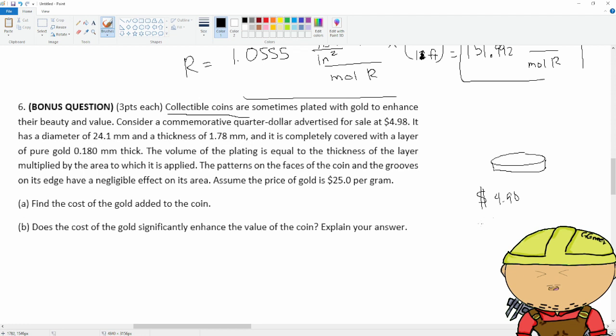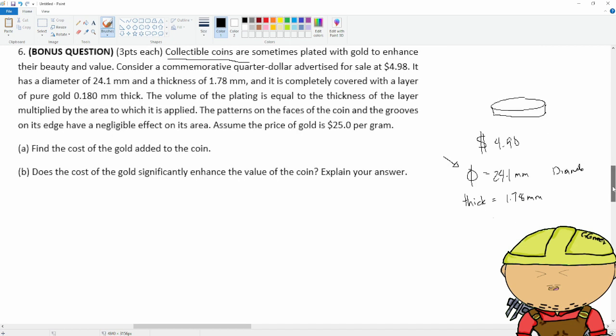It has a diameter of 24.1 millimeter. This is the symbol for diameter. Thickness, 1.78 millimeter. It is completely covered with a layer of 0.180 millimeter of gold.